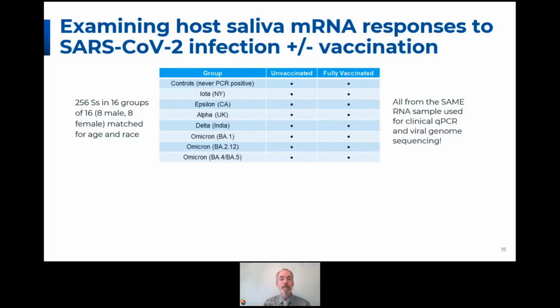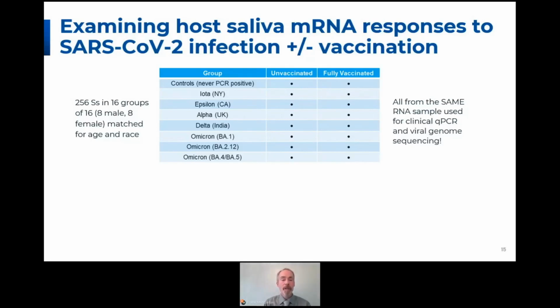All of these use the same RNA sample that was collected for clinical testing and used for sequencing of the virus, and now is being used for profiling the host response. Because we want to know, are there differences in what you're doing about these more evolved strains of the virus? Are you getting rid of it sooner, or are you worse off now that the virus has changed its sequence so much?